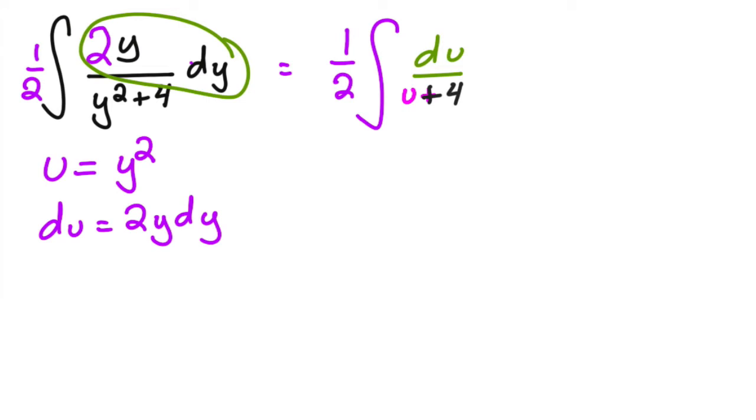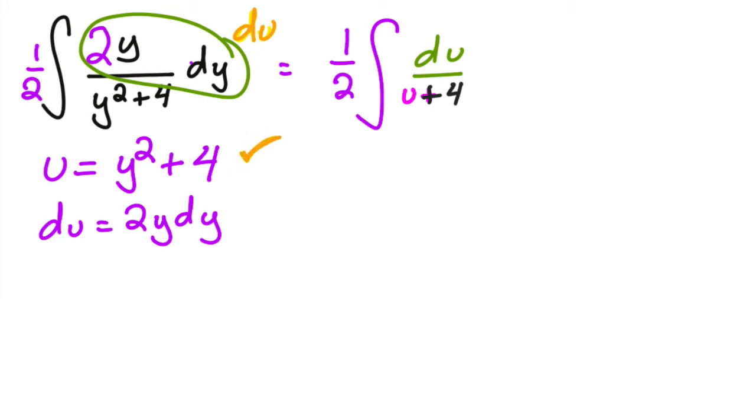Well, if you said, why don't we make u equal to y squared plus 4, you would be exactly correct, because, bam. Notice that when you get the derivative of y squared plus 4, the derivative is exactly the same. So du doesn't change. Du. That yellow color is terrible.